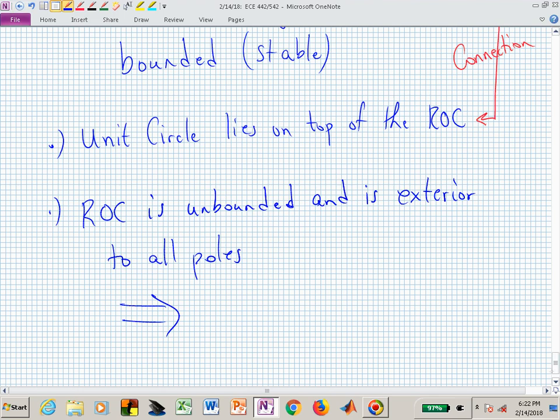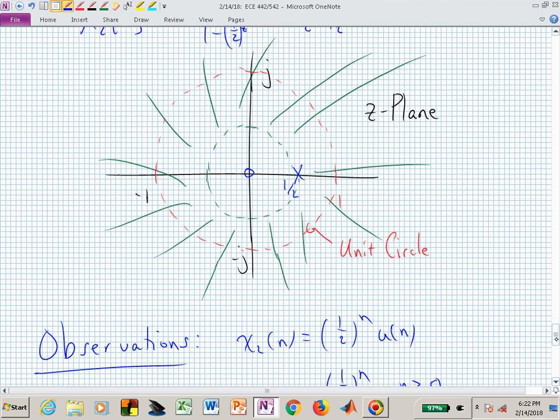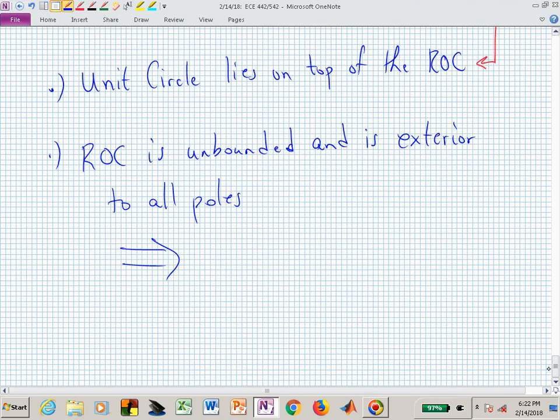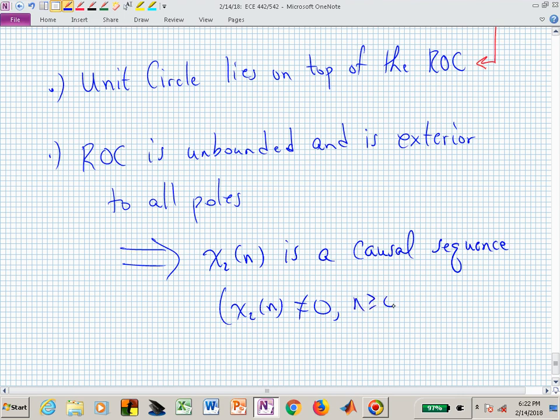So the region of convergence being outside all of our poles tells us that x sub 2 of n is a causal sequence, or x sub 2 of n is not equal to 0 for n greater than or equal to 0.